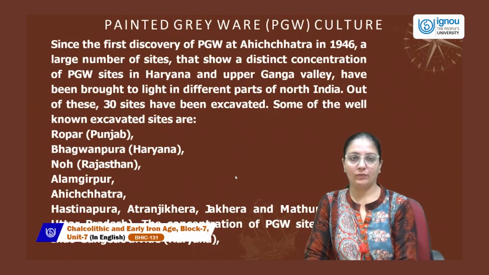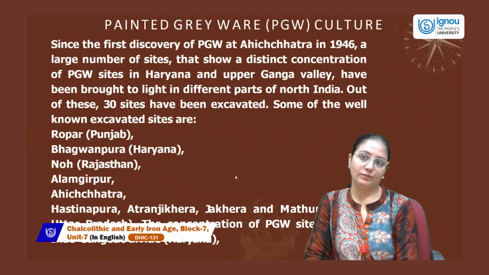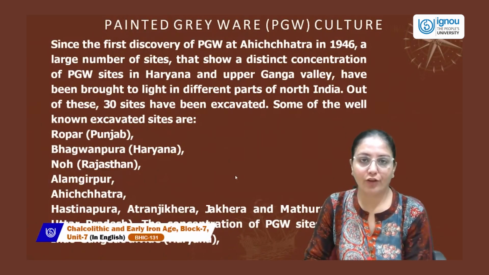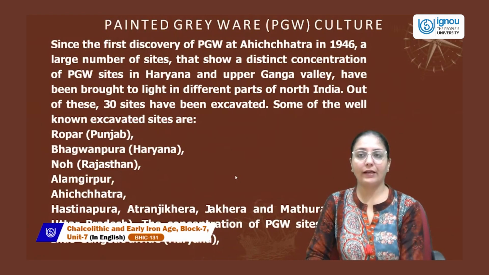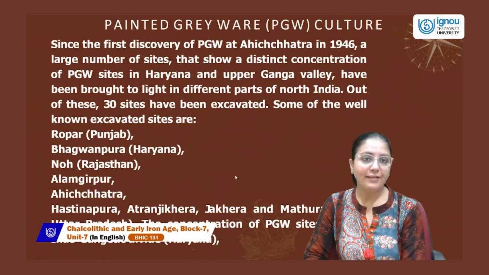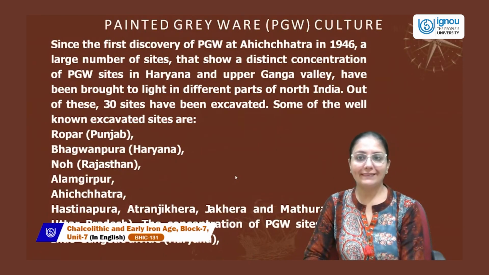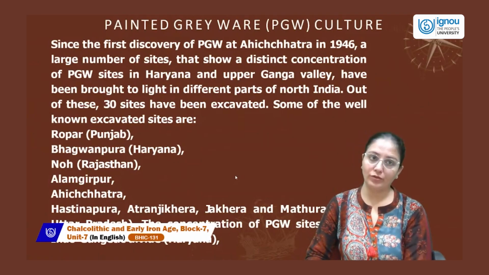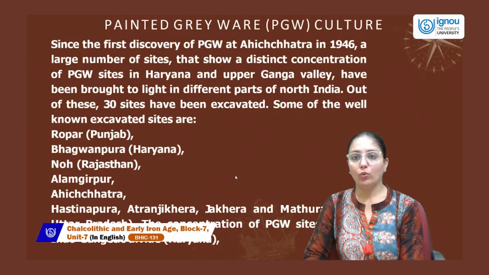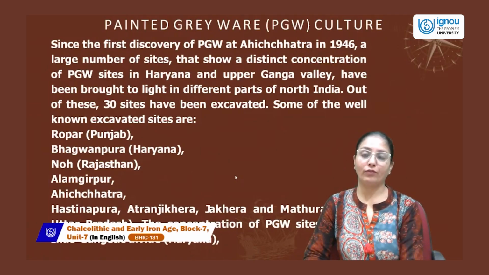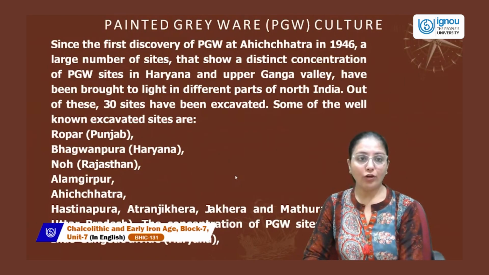Like PGW, Painted Grey Ware Culture. Since the first discovery of PGW at Ahichchhatra in 1946, a large number of sites that show a distinct concentration of PGW sites in Haryana, Upper Ganga Valley, have been brought to light in different parts of North India. Out of these, 30 sites have been excavated.